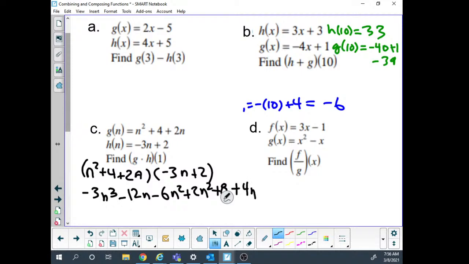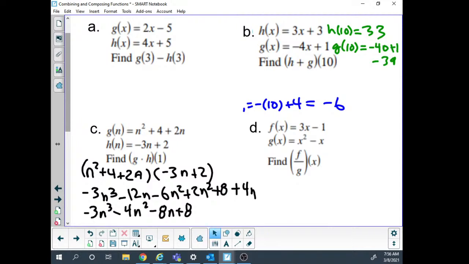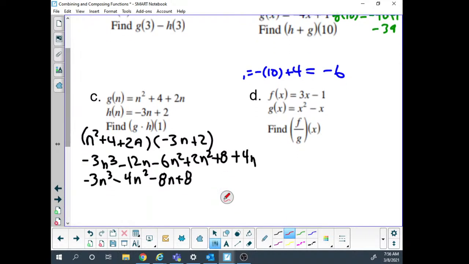And then that simplified down to negative 3n cubed minus 4n squared minus 8n plus 8. And then I inputted 1, so you just do negative 3 minus 4 minus 8 plus 8, which equals negative 15 plus 8, which is negative 7.